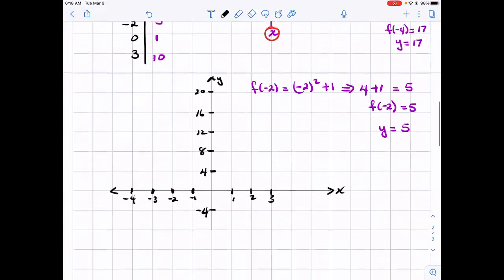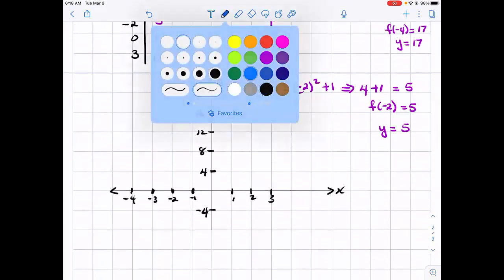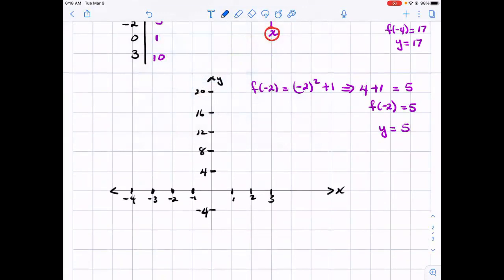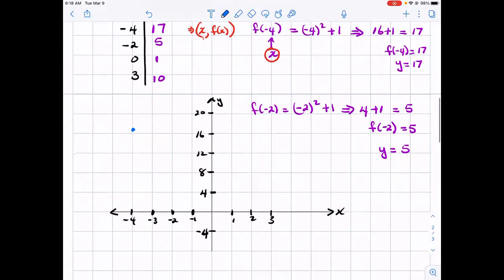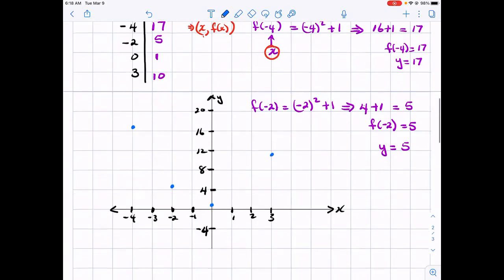At negative 4, the value is 17, which will be just about that point here. At negative 2, it is 5, which will be just about that point. At 0, it's 1, which will be somewhere here. And at 3, it is 10, which will be somewhere over here. You will notice that if you plot more points, you will get sort of a parabolic shape.